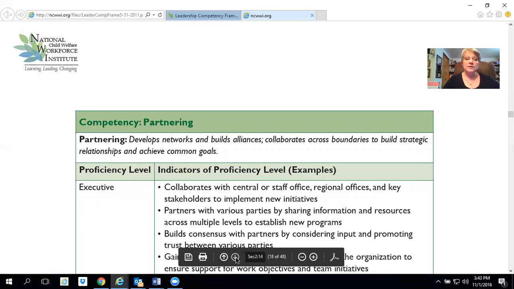Or maybe you did a research topic where you learned about people who develop networks and build alliances that can collaborate across boundaries to build strategic relationships and achieve common goals. If you think your partnering skills are better because of your learning project, then this would be a competency that you could describe.